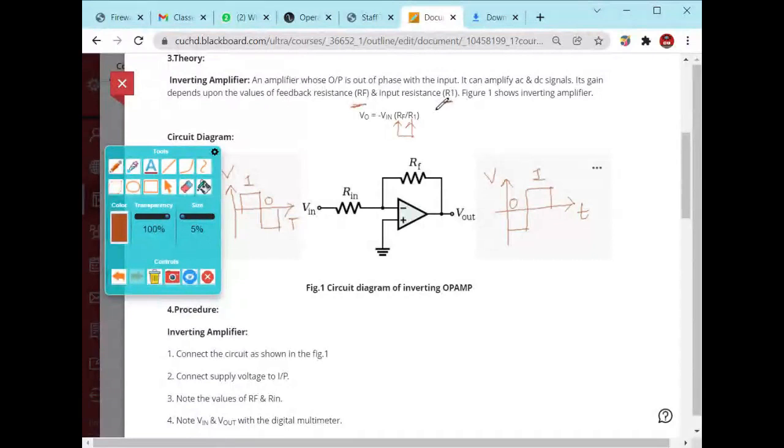So what is gain? Output divided by input is your gain. So you have to calculate this output. How will you calculate it? This is the formula: Vout is equal to negative of Vin times RF divided by R1.